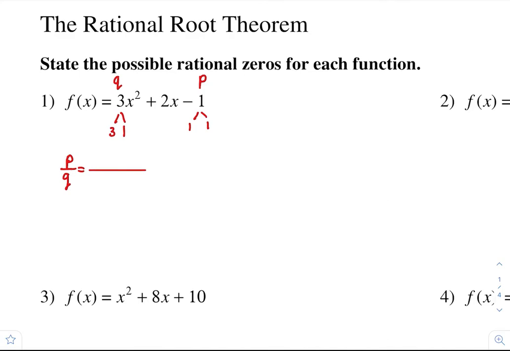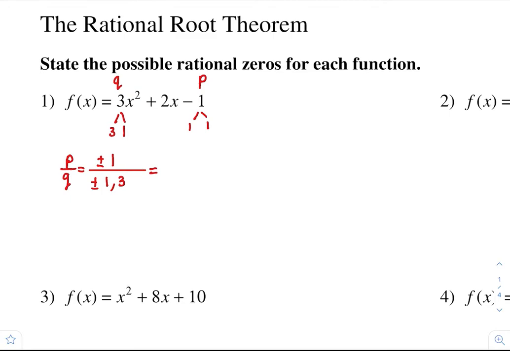And factors of p is just plus or minus 1, right? 1 times -1 is -1. Factors of q is 3 and 1. So I'm just going to do plus or minus 1 and 3. I like to do it in order. Now, we have to find all our possible rational zeros.